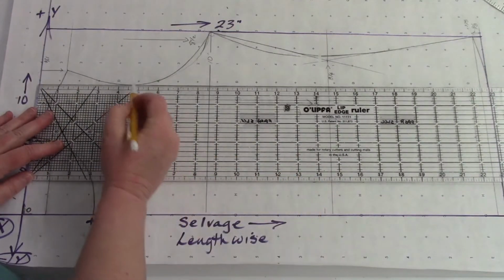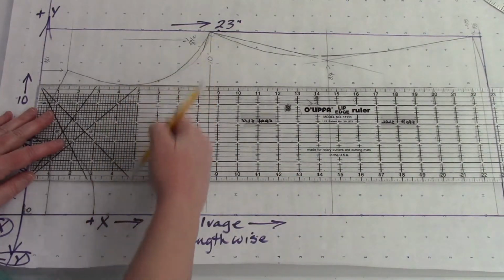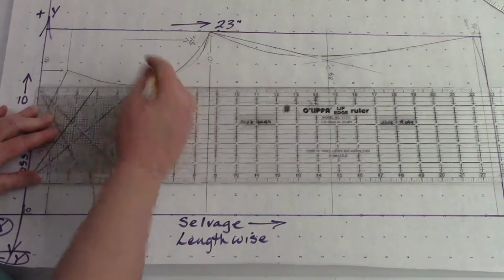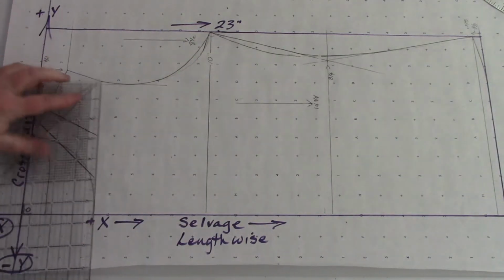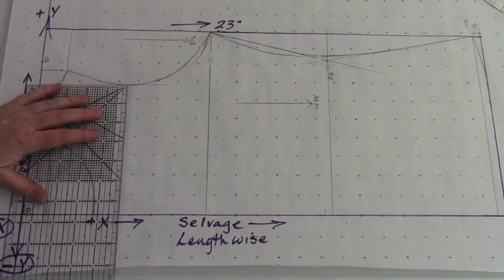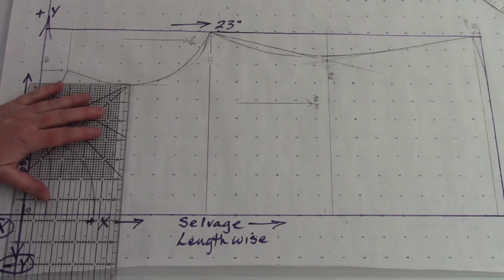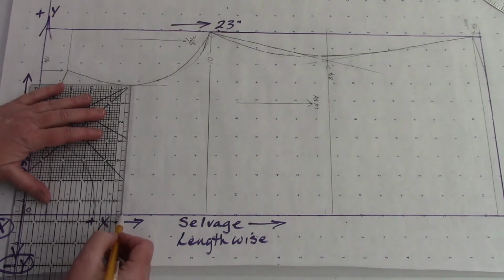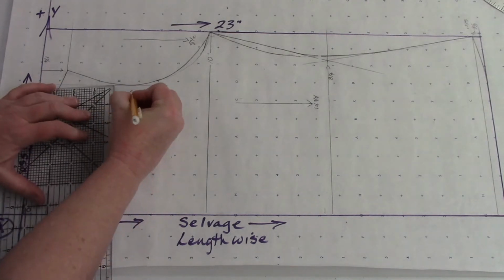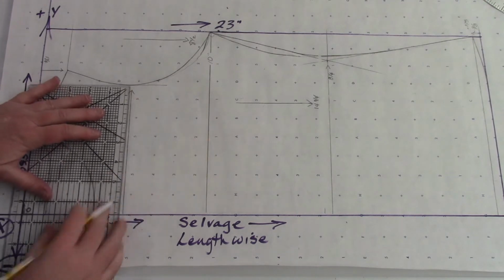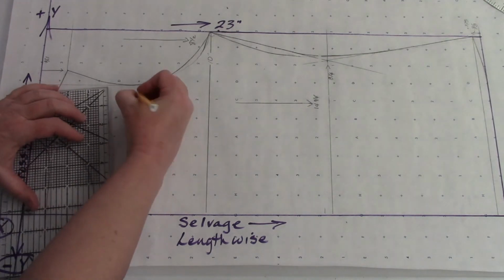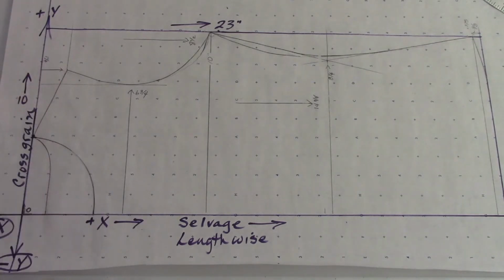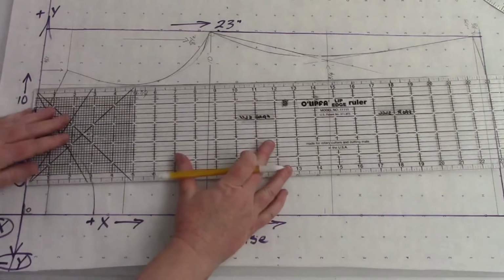So right here is the shallowest part of the armhole, and that one comes out six and 3/4, but I'm going to make the line pretty when I get to it.